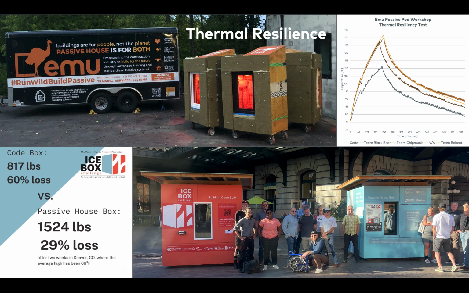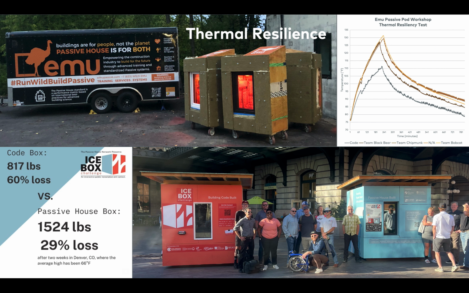Once the participants are done with air sealing and insulating the pods, we heat them up for a certain amount of time, as shown in the graph on the top right-hand side, and then we unplug them, roll them outside, and let them cool down overnight. Whichever stays the warmest wins the competition because it's the one that is better sealed and better insulated. So that is also the most resilient pod.